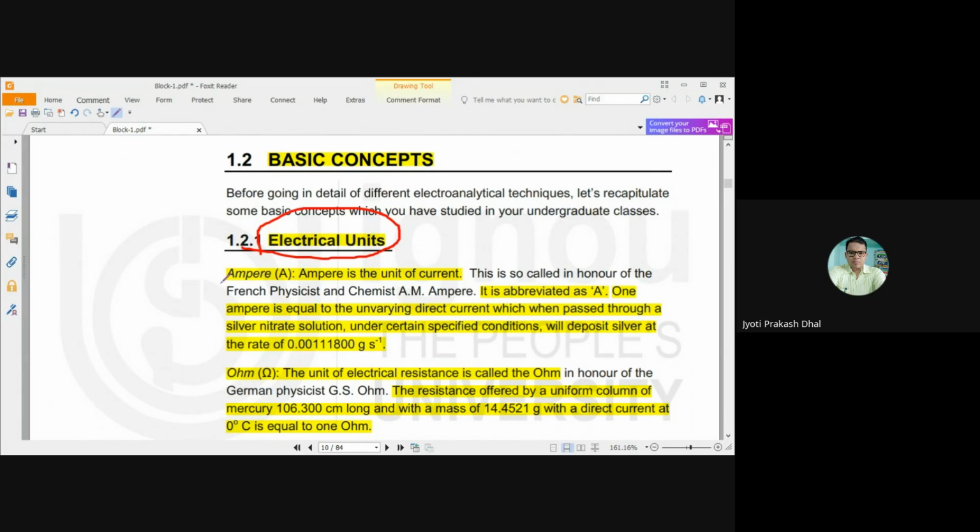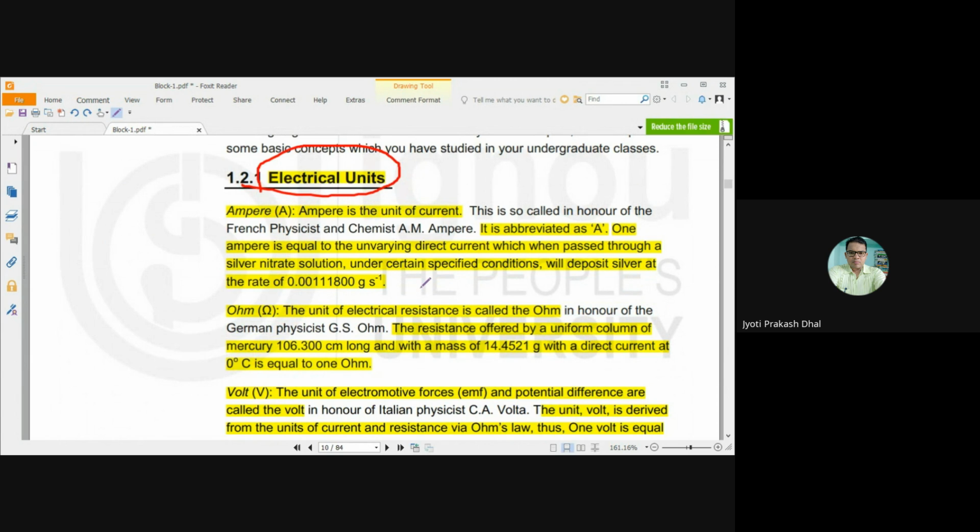First one is ampere. It is the unit of current, and it is abbreviated as A. 1 ampere is equal to the direct current which, when passed through a silver nitrate solution under certain specified conditions, deposits silver at a rate of 0.001118 gram per second.